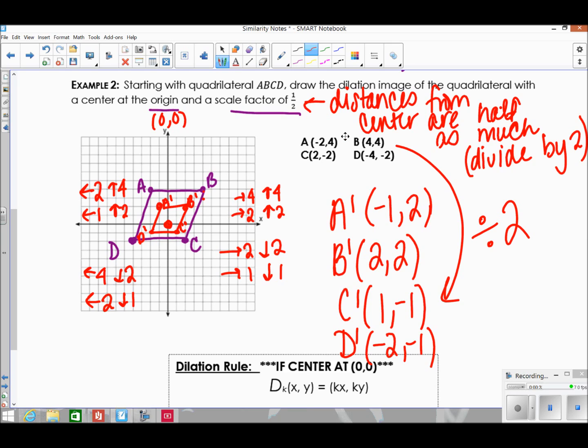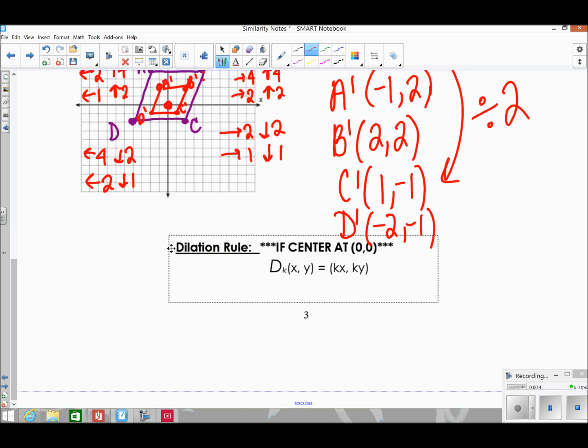The x and the y values both got divided by 2 for all of them. So remember, this only works because it was centered at the origin. If you look, here's the rule down here again. So if it's centered at 0, 0, the origin, then the rule for dilations is that you multiply each x and y value by whatever that scale factor is. And it's really because when it's centered at the origin, those distances are those coordinates.